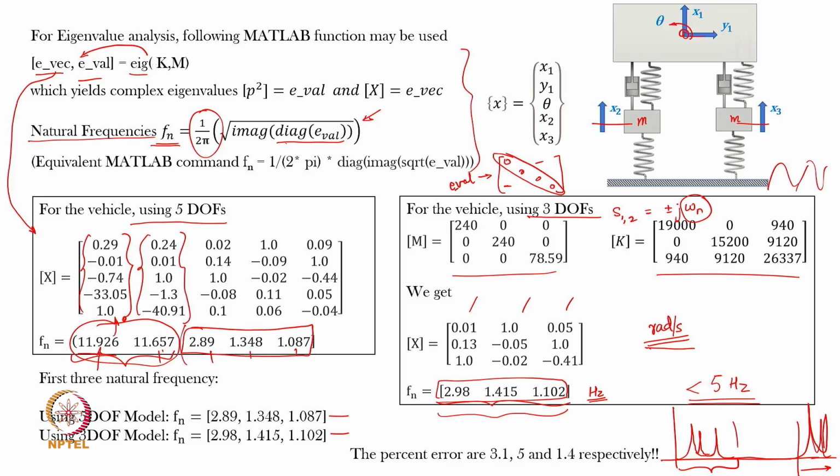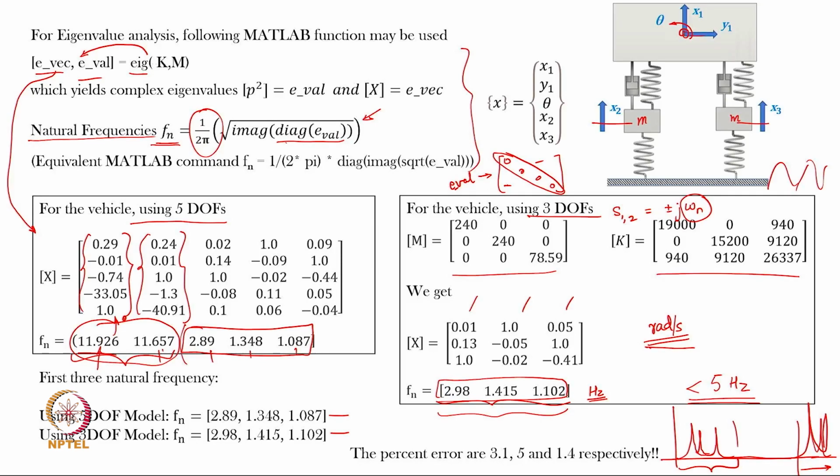So, these are realistic values of the tire and the chassis, and also the suspension stiffnesses. And what you are observing is that it suffices to use fewer degrees of freedom, and the error in the estimation of the natural frequencies with the fewer degrees of freedom is not substantial actually. So, you can use as low a number of degrees of freedom as you wish.